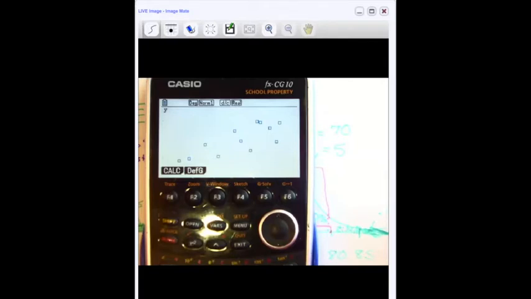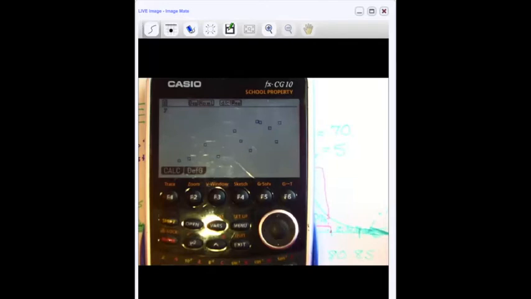Looking at that scatter plot, I think, well, this doesn't look like a super strong relationship, but I can see that there's kind of a pattern here. So if I had to draw a scatter plot, this is exactly what it would look like. Now, there's some more information that we need to find out here.